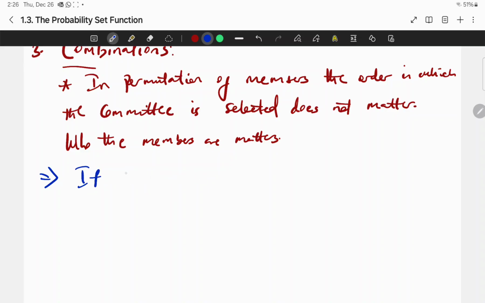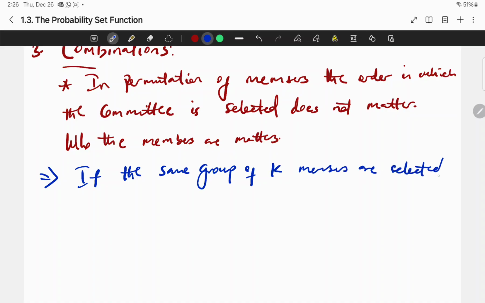Let's put it this way: if the same group of k members are selected, in how many ways can they permute among themselves?